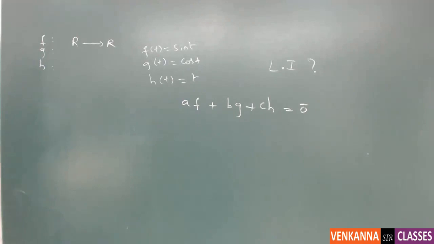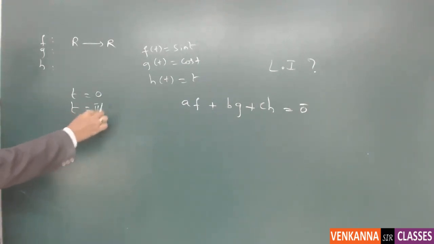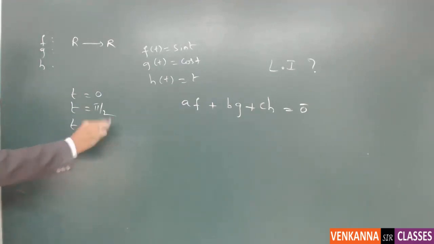Since you have taken R and R, the whole real numbers, in place of t, you can calculate f, g, h values for different values of t in the domain. If you observe the pattern of functions, sin t, cos t and arithmetic functions are there. So what are the possible values usually taken? I can take t equal to 0, t equal to 90 degrees, pi by 2, t equal to pi.